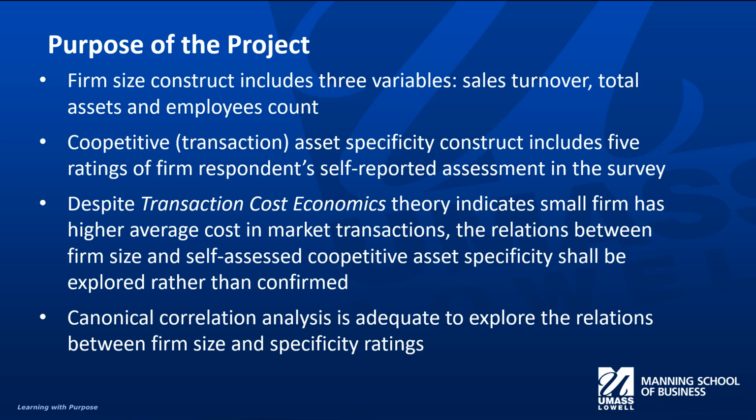We know the transaction cost economics theory indicates that a small size firm normally has a higher average cost in its market transactions. So the relations between the firm size and their cooperative asset specificity would be latent.